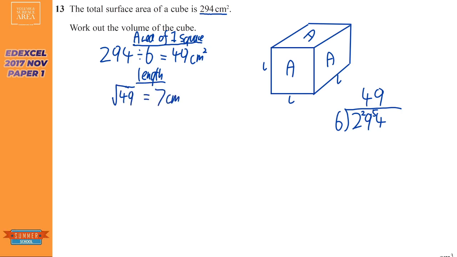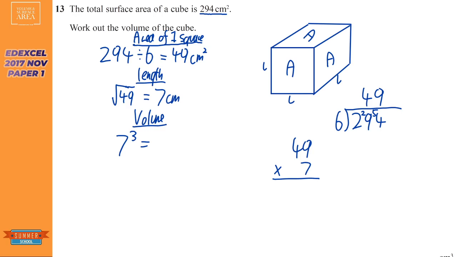So the length of the cube is 7 centimetres, and so to work out the volume, we're just going to cube that. We're going to times it by itself 3 times. So 7 times 7 is 49, which we know, and then we need to do that 49 times another 7, and we can do that with the column method.